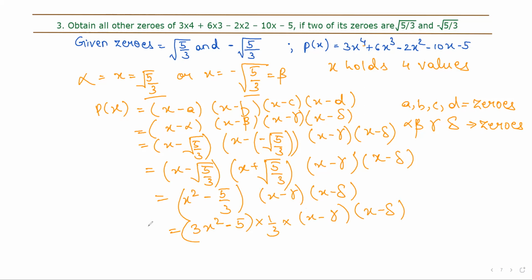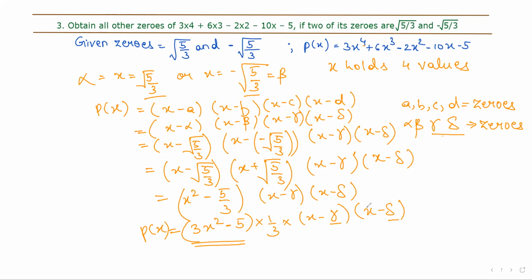What are you supposed to calculate? This p of x is given to you. Obtain all the other zeros of this particular expression if two zeros are given. Two zeros are known to you and you merged them together to form a quadratic polynomial. You have to find the rest of the zeros, means you have to find the values of delta and gamma.